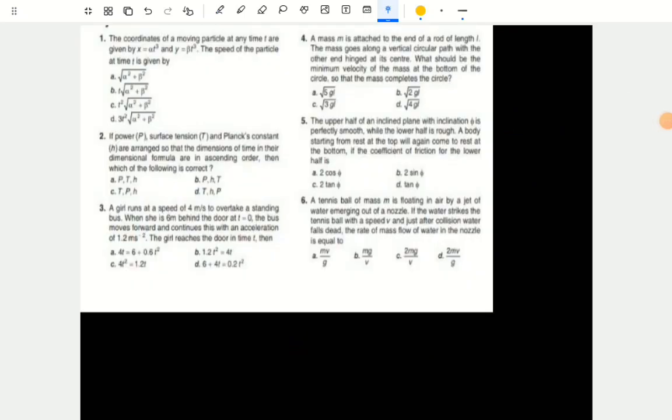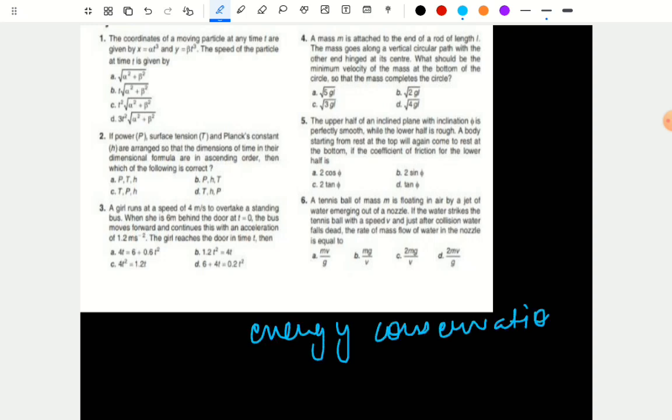So question number 4 states that a mass m is attached to the end of a rod of length L. The mass goes along a vertical circular path with the rod hinged at its center. What should be the minimum velocity of the mass at the bottom of the circle so that the mass completes the circle? See, we can solve this question with energy conservation. But this question is also a very popular case and we should remember this.